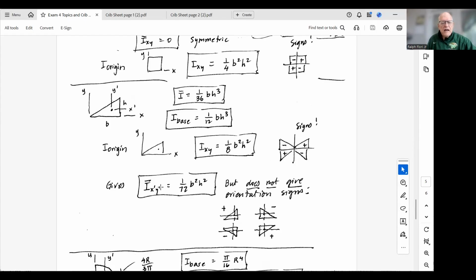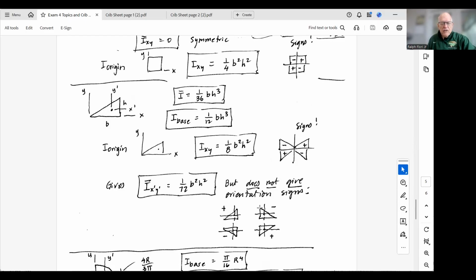He gives the I bar X prime Y prime about the centroidal axis, so it's the product of inertia about the centroidal axis. But he doesn't tell you that depending on the orientation of this right triangle, the sign of this I bar can change. At the orientation that he gives, that's a positive.